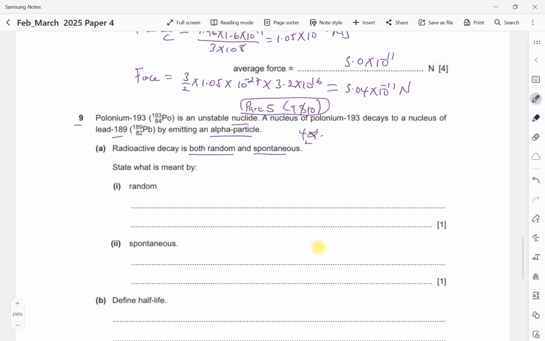So random means we cannot predict which nucleus in a given sample will decay next.